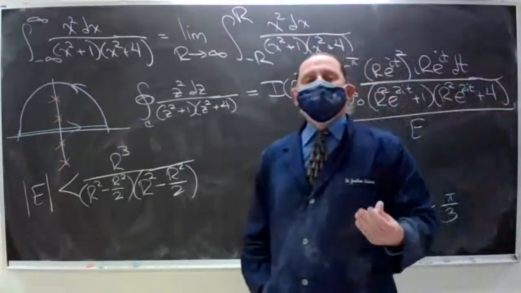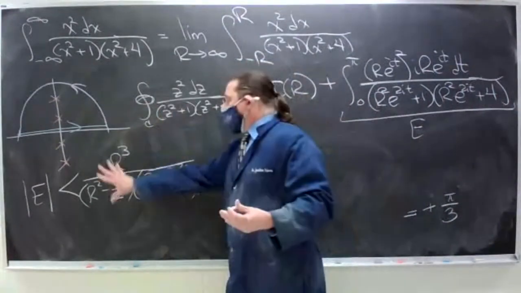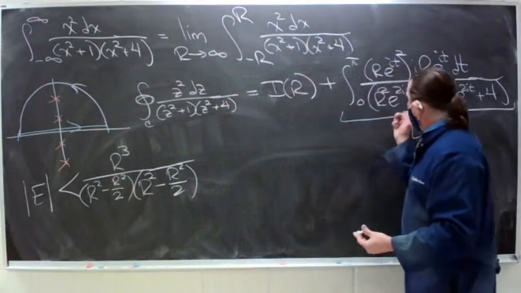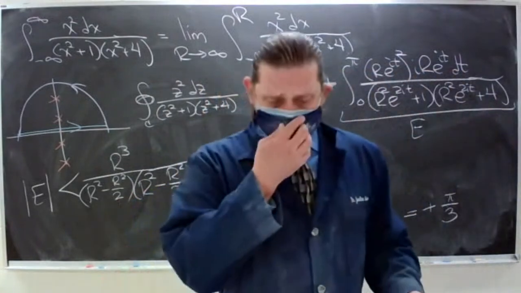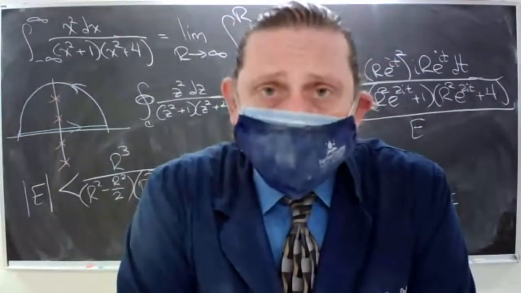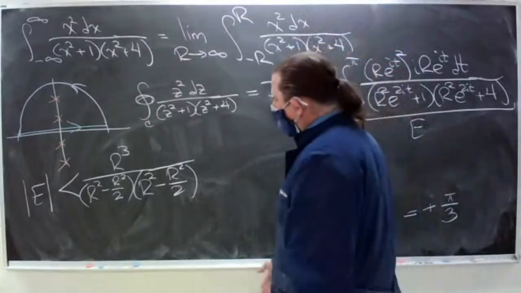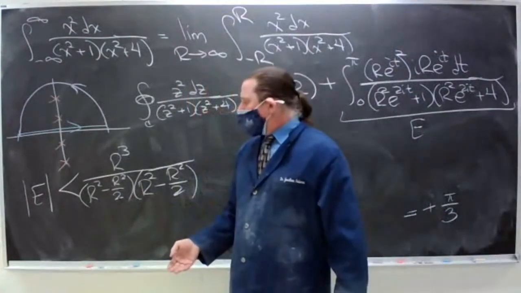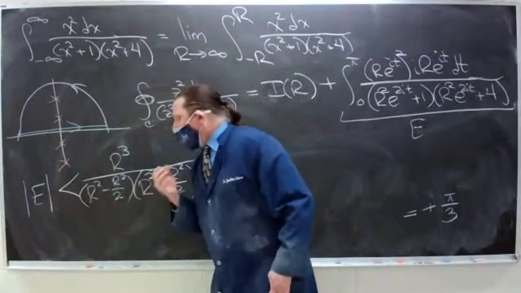Once again, the only reason that I'm doing that is to try to make it so that everything factors with R. Subtracting 1 versus subtracting R squared over 2: if R is greater than the square root of 2, then subtracting R squared over 2 is going to give me a smaller number than subtracting 1. So I'm dividing by a smaller number. That's why I get something that's bigger than E.